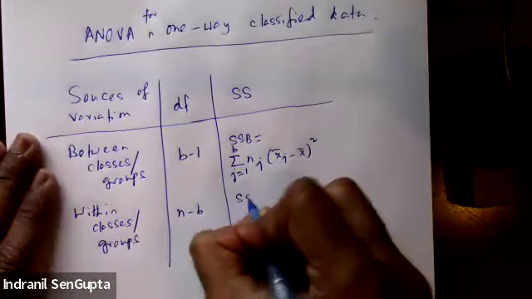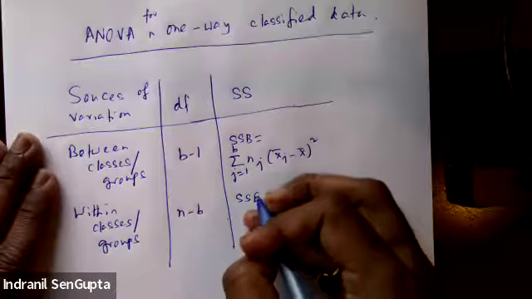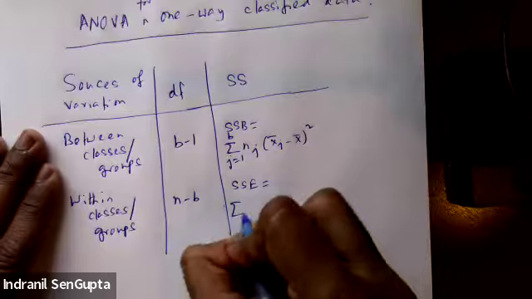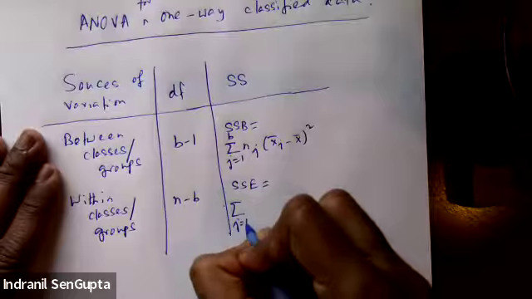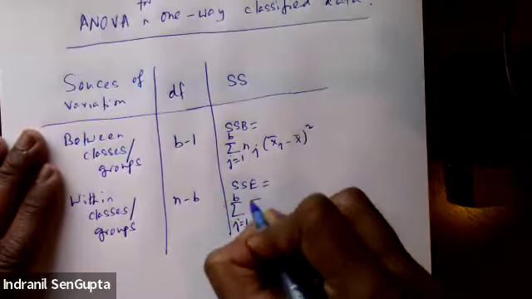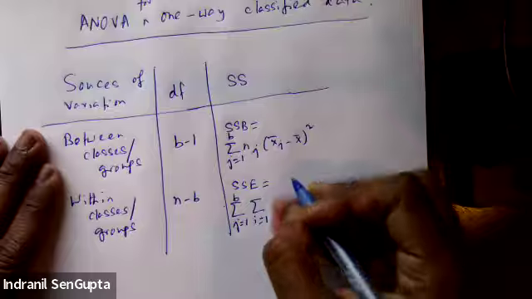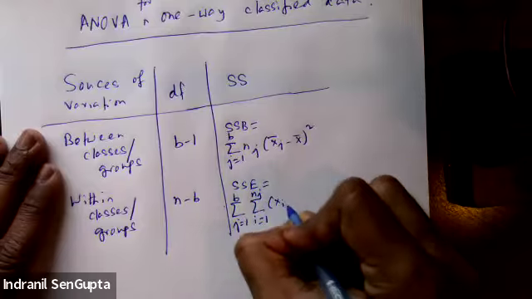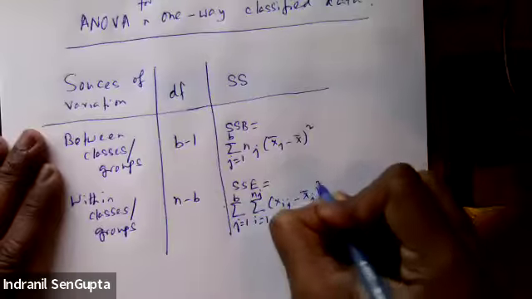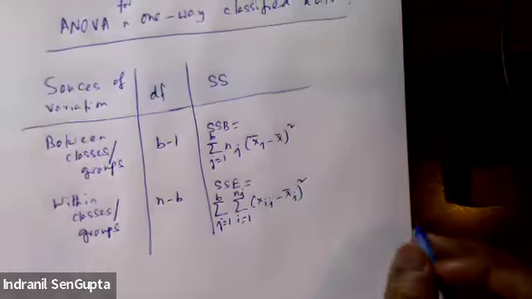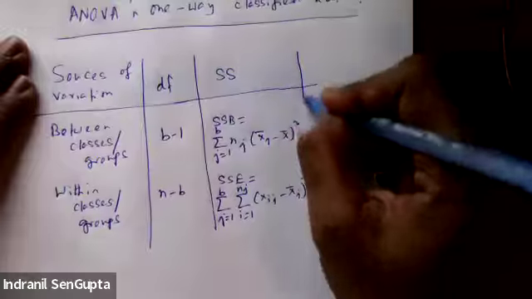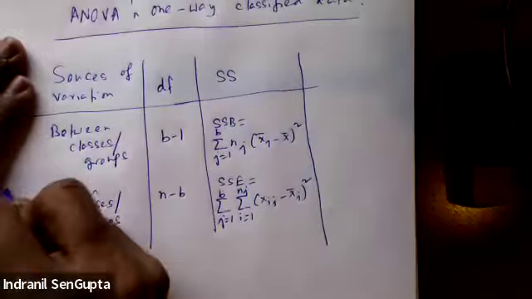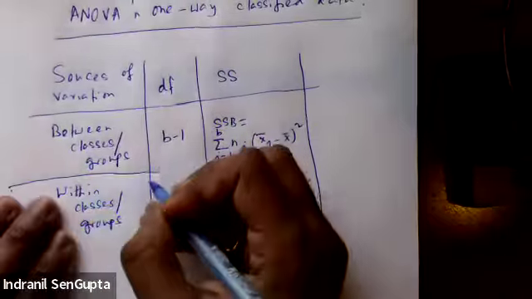And then here it's SSE, which is the sum over j from 1 to b, and i from 1 to n sub j, of (xij minus xj bar) squared. So that's the sum of squares. Okay, and I'll just put a mark here.